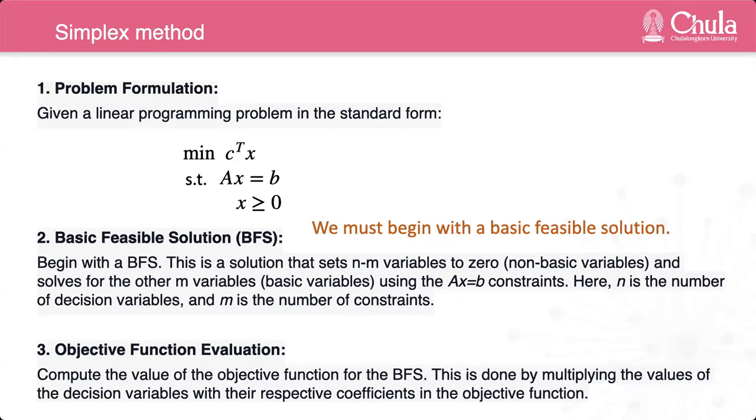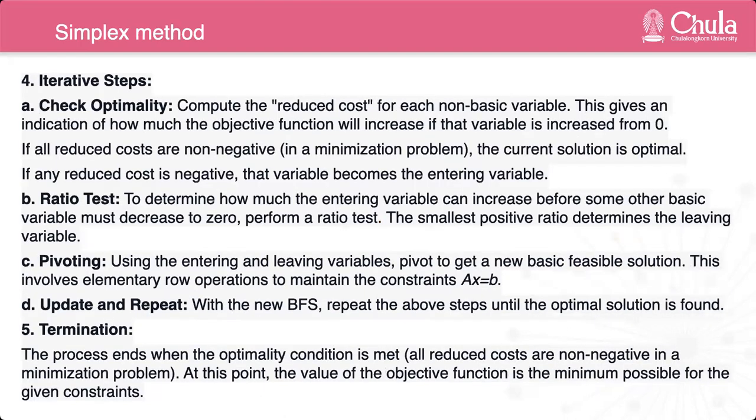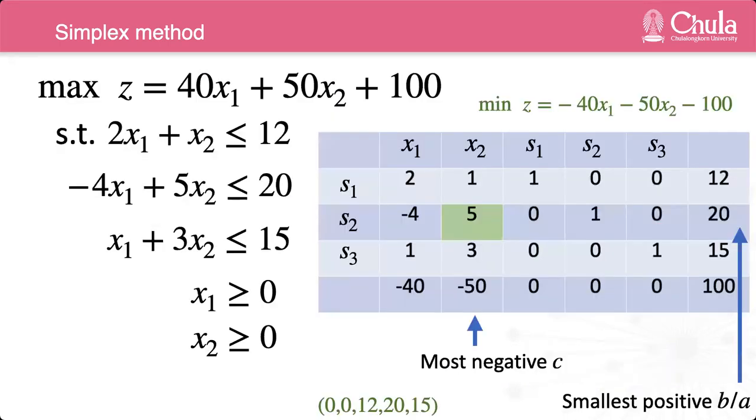Remember that our algorithm, the simplex method, we must start from the basic feasible solution. Okay. This is iterative. Wow, full of text. Later you can read it by yourself. I will explain it to you from the example.